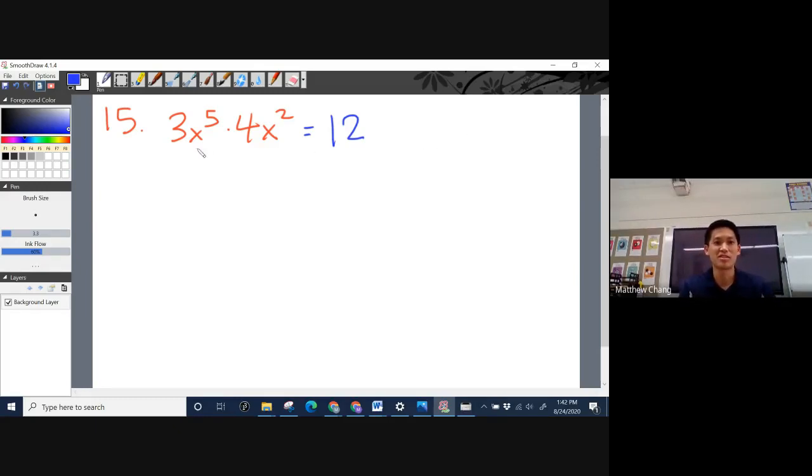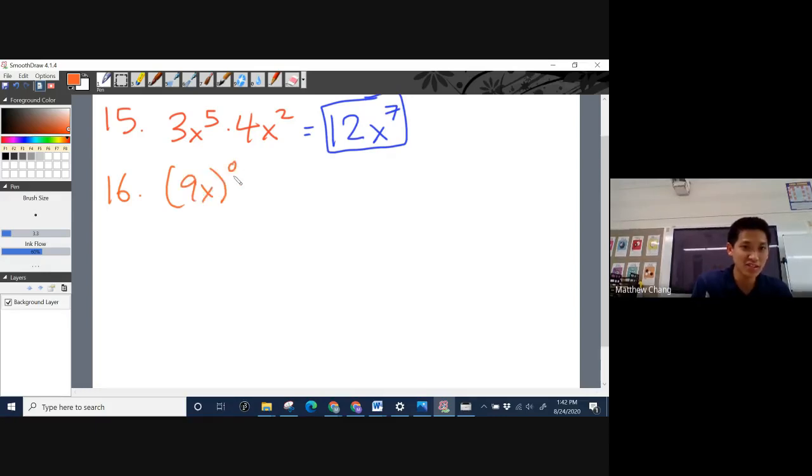Again, the bases are the same, so you add the exponents. So 5 plus 2 is 7. Boom. Okay. Number 16. Okay, so what I see here is 9x raised to the 0 power. Anything raised to the 0 power, again, if you guys have been paying attention earlier, it's 1.